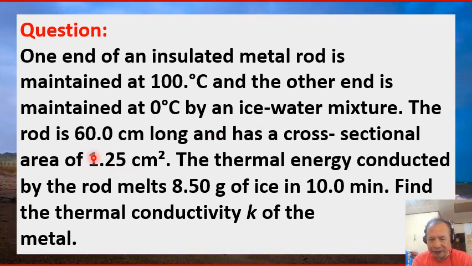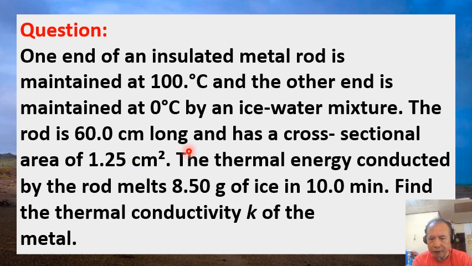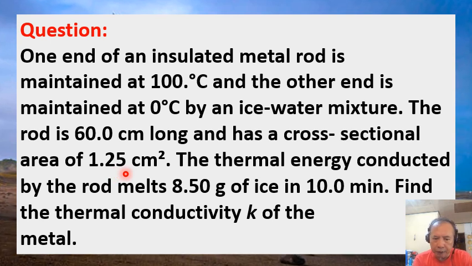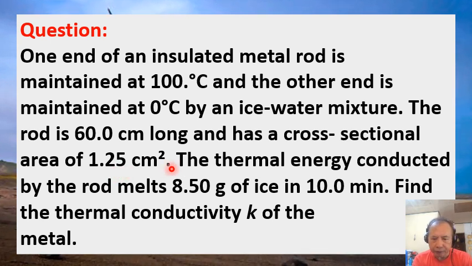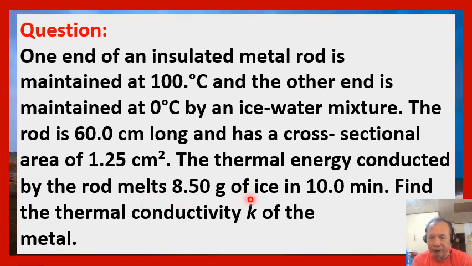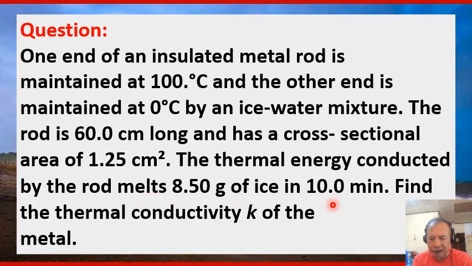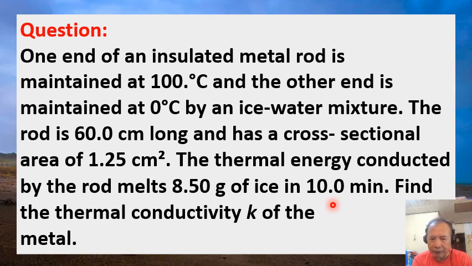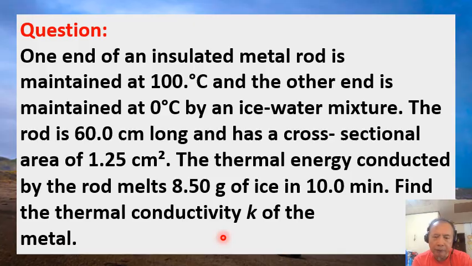The rod is 60.0 centimeters long and has a cross-sectional area of 1.25 centimeters squared. The thermal energy conducted by the rod melts 8.50 grams of ice in 10.0 minutes. Find the thermal conductivity, denoted by letter k, of the metal.